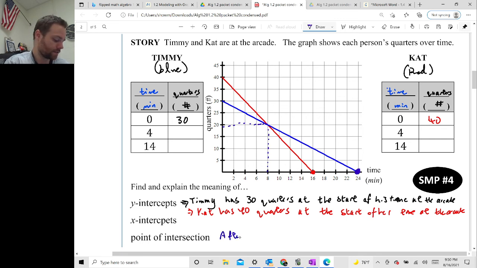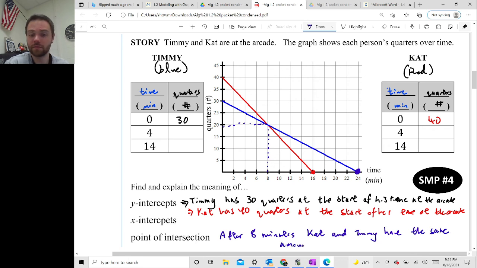After 8 minutes, Kat and Timmy have the same amount of quarters. Okay? So we are good with that.